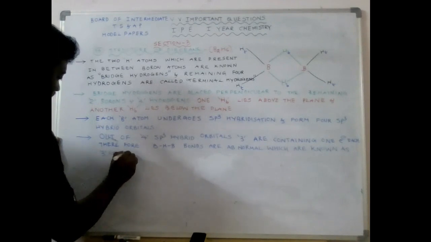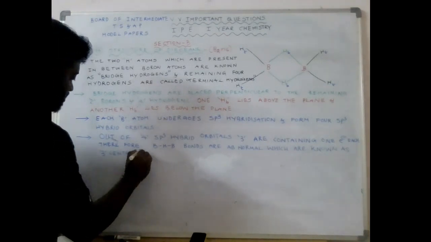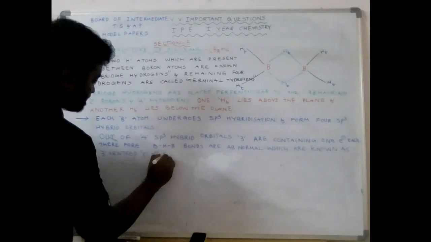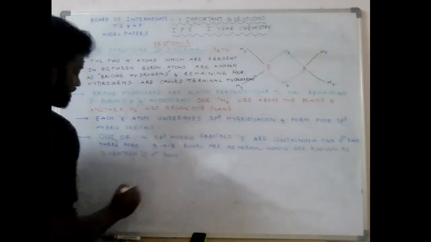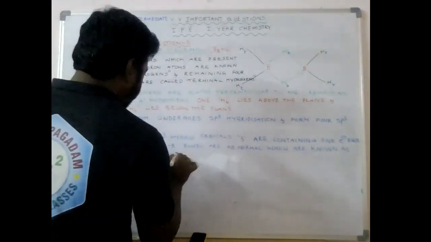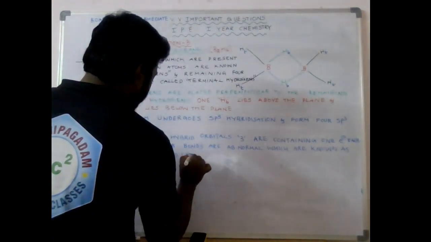I will tell why we are calling this a three-centered two-electron bond. It is also known as banana bond.